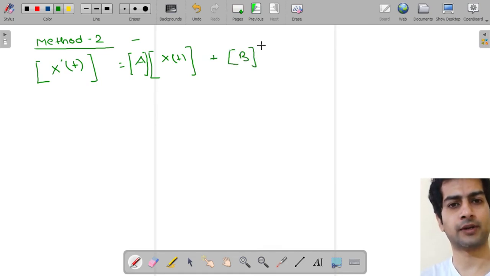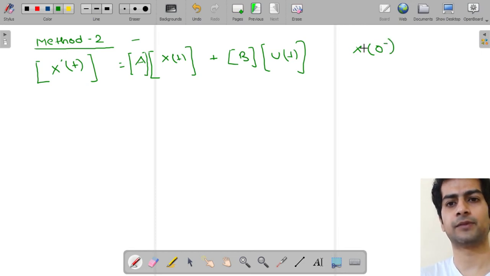B is also a matrix. Suppose we have initial condition also. Initial condition is also given.